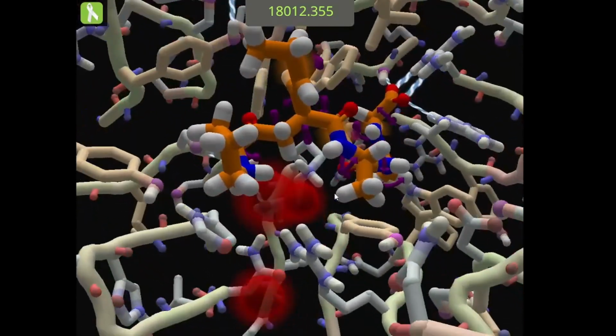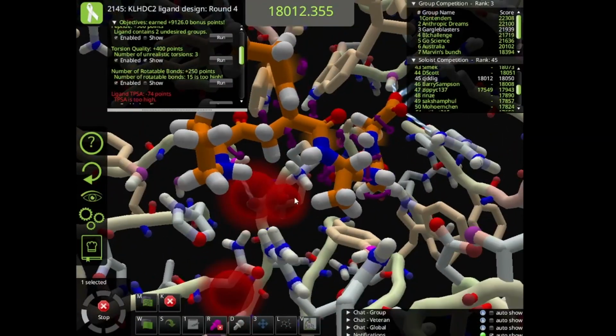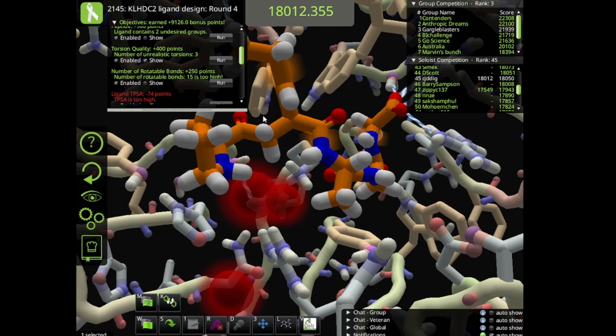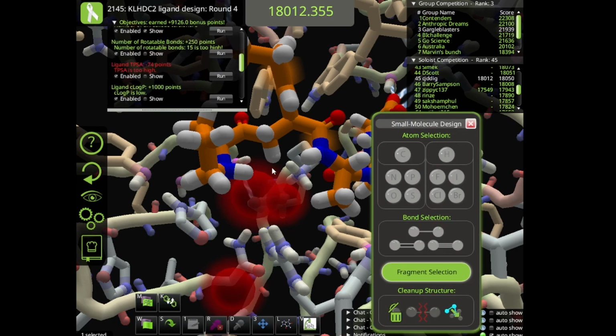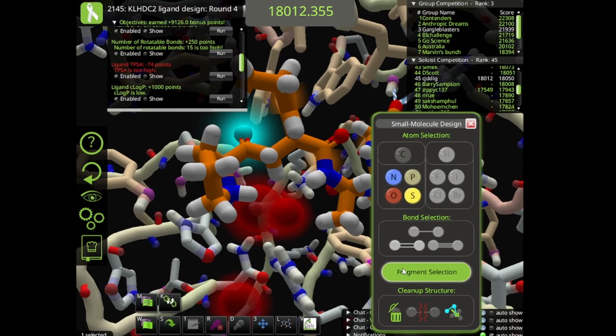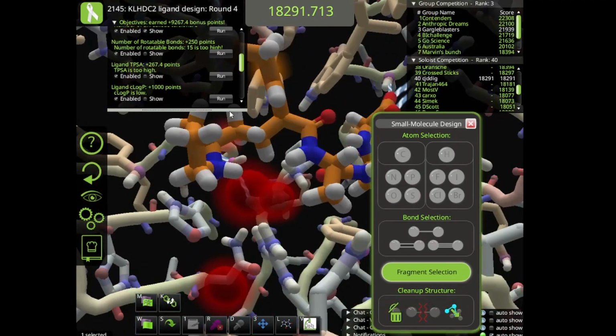This is a good torsion, but the bond has broken. And because the TPSA is still too high, I will remove this. It worked.